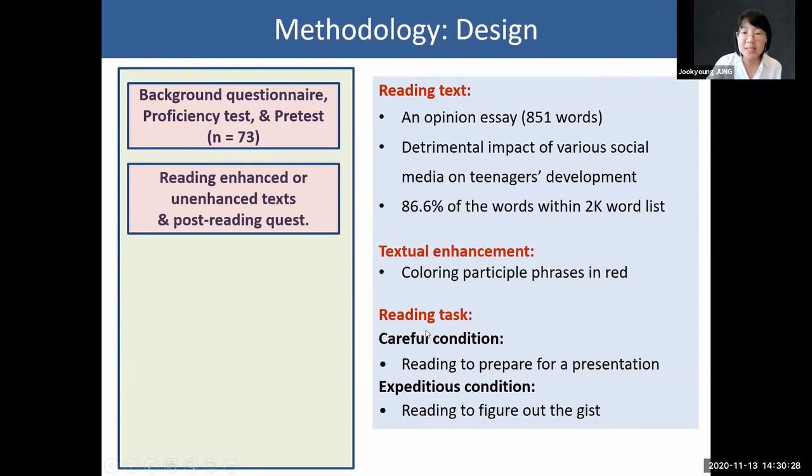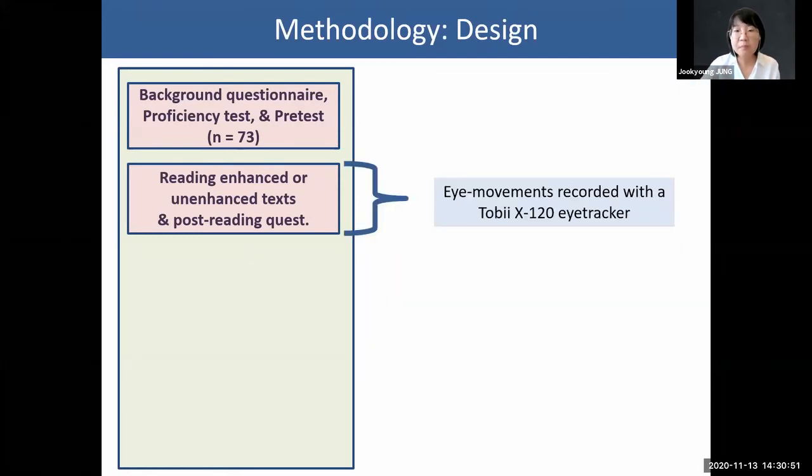And the reading task was manipulated in terms of the amount of careful reading required. That is, in the careful reading condition, they were asked to read preparing for an upcoming presentation. And for the expeditious condition, they had to figure out the gist as fast as they could.